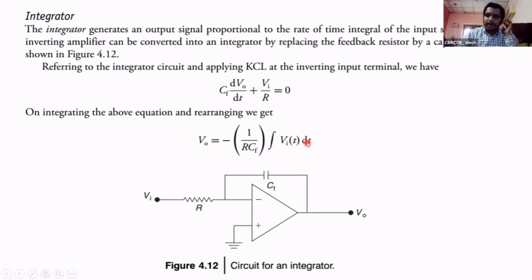So now the op amp acts as an integrator. In the previous case, the output voltage was the differentiation of the input voltage. Here the output voltage gives the integration of the input voltage. If you supply the input voltage in the circuit, that integration comes at V0. In this way we can perform the integration operation by using an operational amplifier.